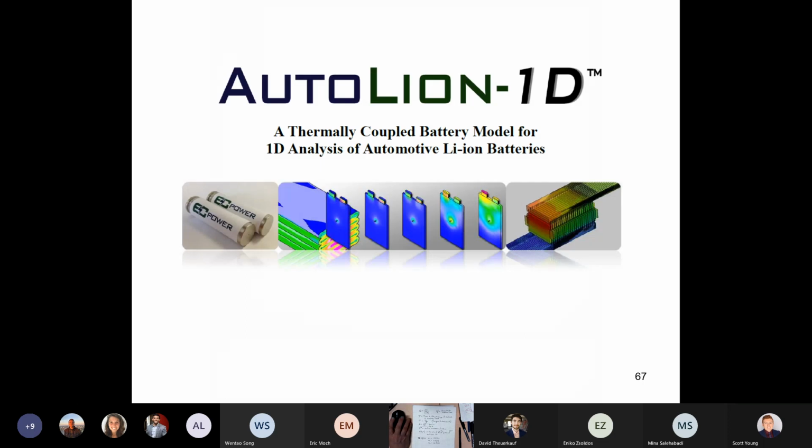So in previous years of the class, I have purchased a 4-seat license to this software called AutoLion, which comes from Professor Wong at Penn State. And this allows you to do these full cell calculations.